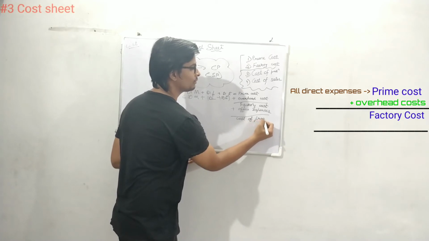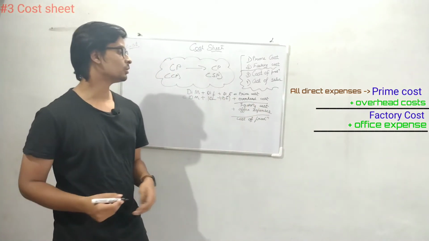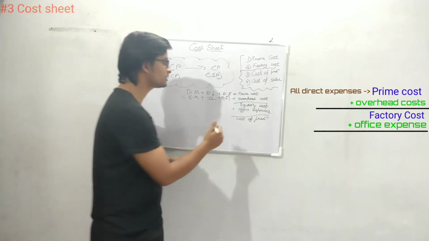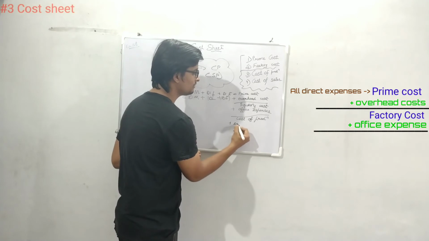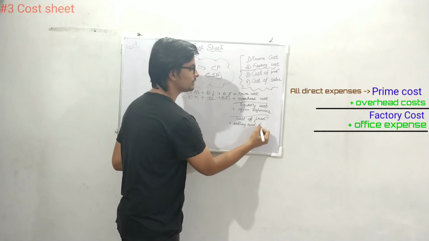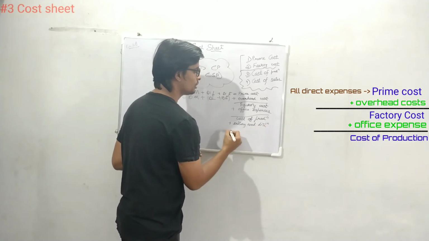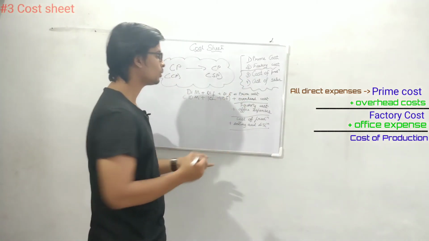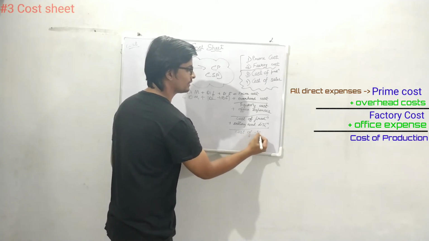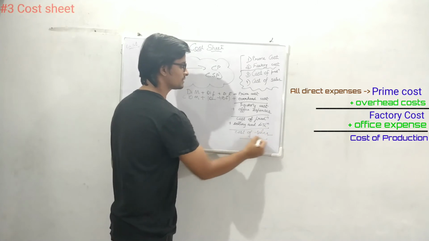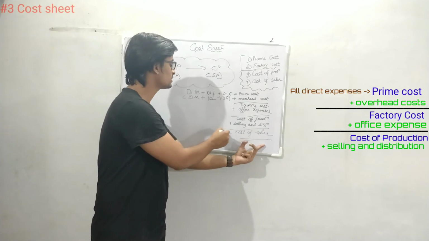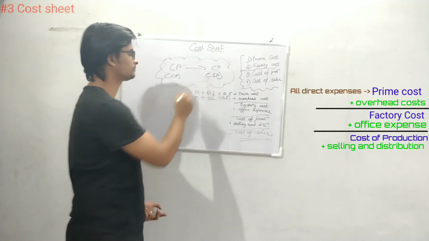Now if we add selling and distribution cost to it, we get cost of sales. This is cost at selling price.